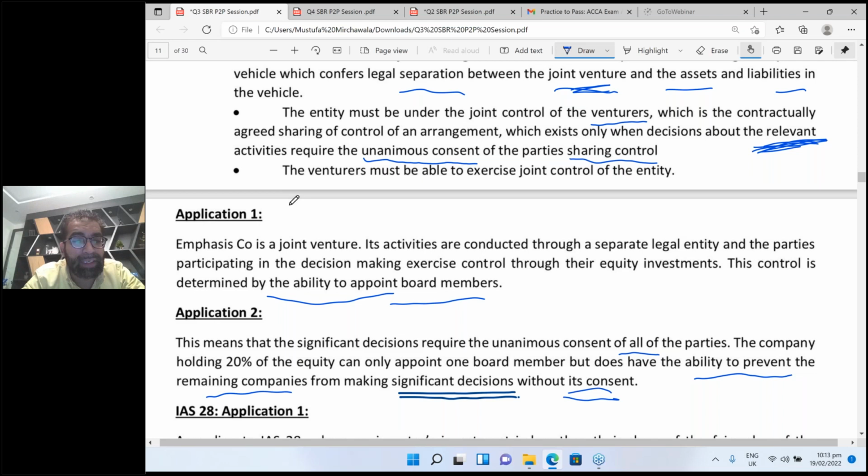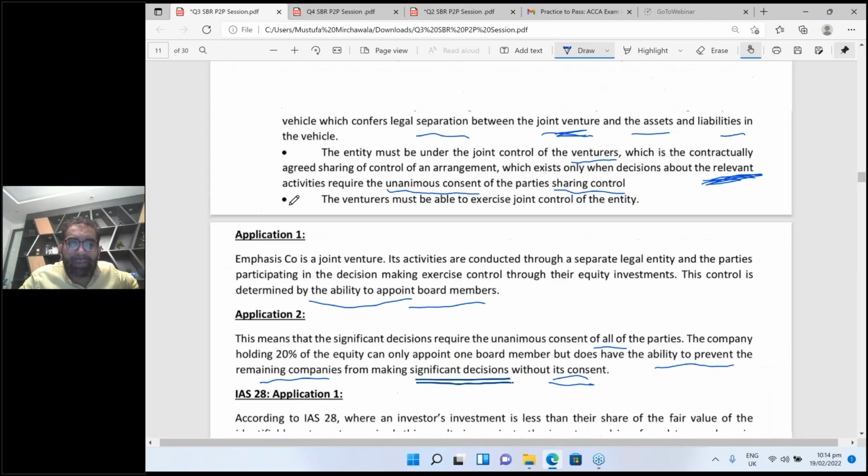This is the real point. That 20% party can pull the chain and stop the whole train. So that's why this 20% party also has joint control. This is what you have to write for this opening paragraph.